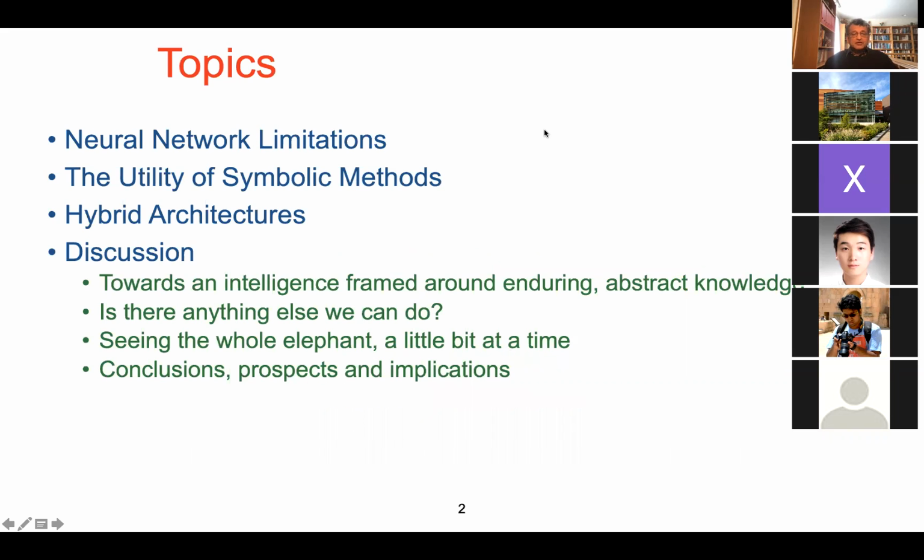So we begin with talking about neural network limitations, and then we talk about the utility of symbolic methods, and then hybrid architectures of neural network methods and symbolic methods. And finally, a discussion about an intelligence framed around enduring abstract knowledge.